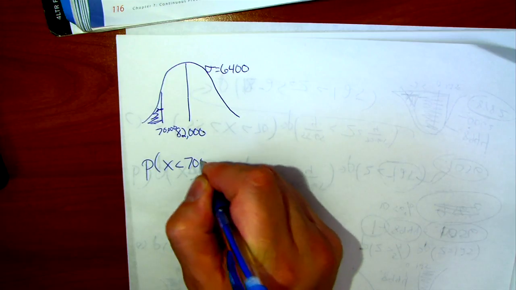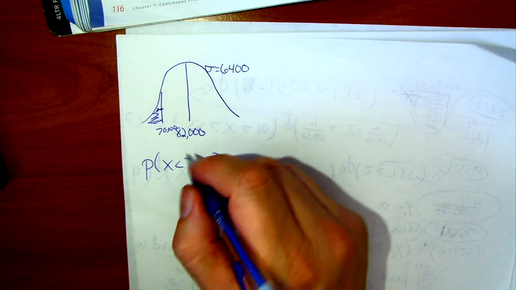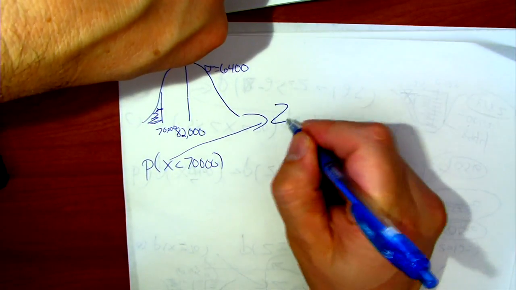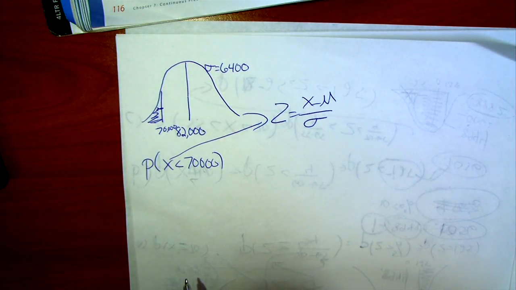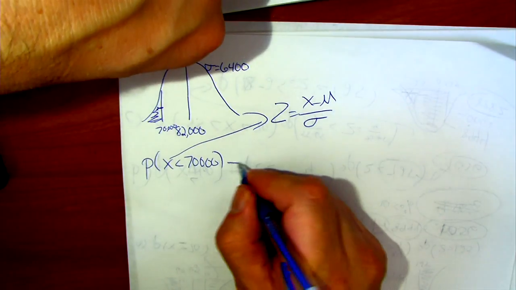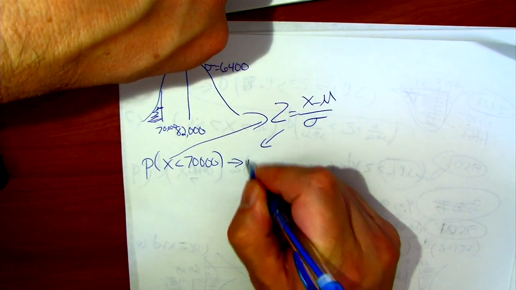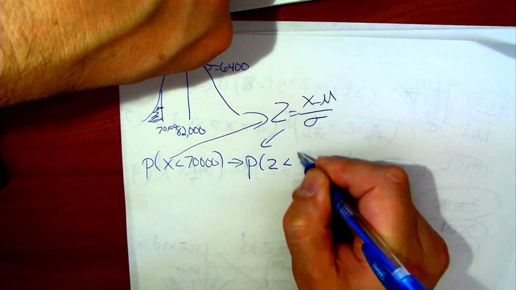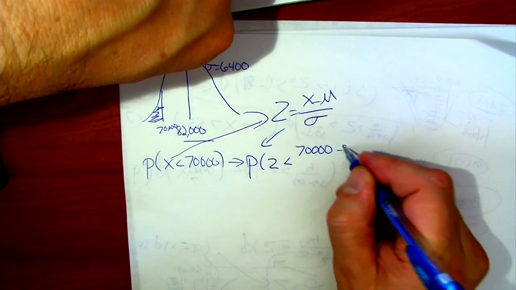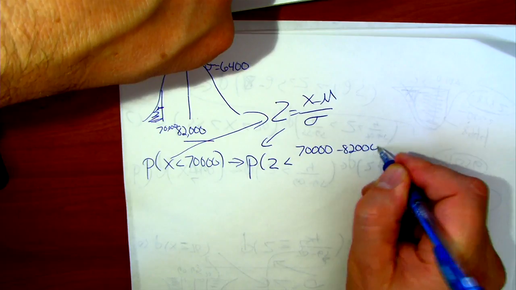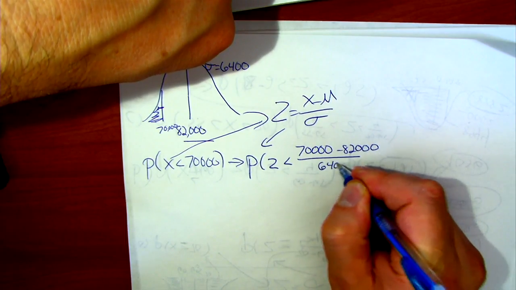Unfortunately, it's not a nice shape. I need to convert this x value to a z value using our trusty formula. Z is equal to x minus the mean divided by the standard deviation. Probability Z is less than 70,000 minus my mean, which is 82,000, divided by my standard deviation, which is 6,400.